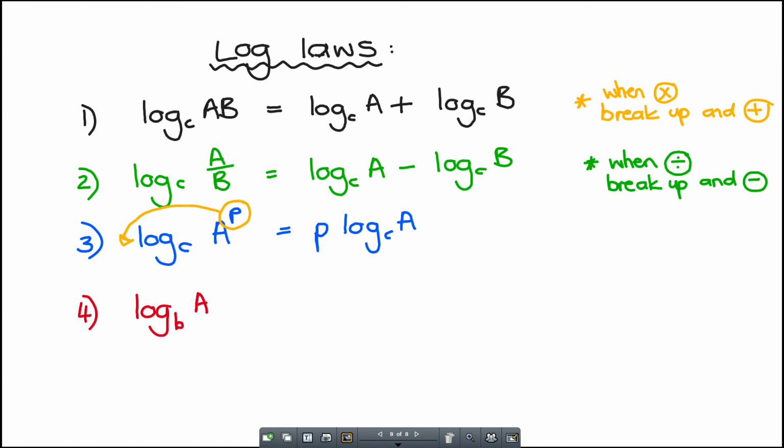My different levels. Okay, so this will be the same as, en ek gaan hom nou vir jou mooi skryf, log A, my top level, over my bottom level. Okay, so met ander woorde, hy gaan so lyk. Log A over log B.